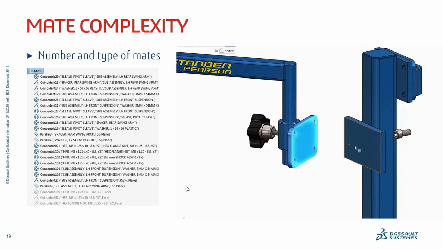What does the user do? They add mates for all 4 holes to the fastener. Okay, it is not valid. You have to just insert one hole and pattern all the bolts. That simple, it will reduce your mates. So this is how you have to think about mate complexity. Don't excessively add mates which are not necessary. Just use the pattern command for it, so it will reduce your mates.